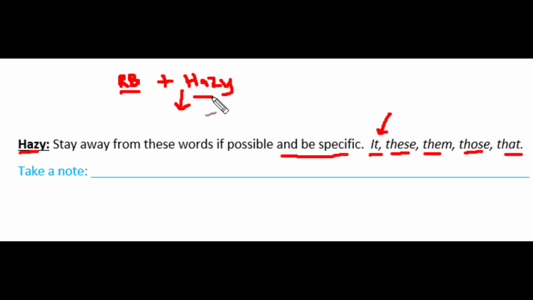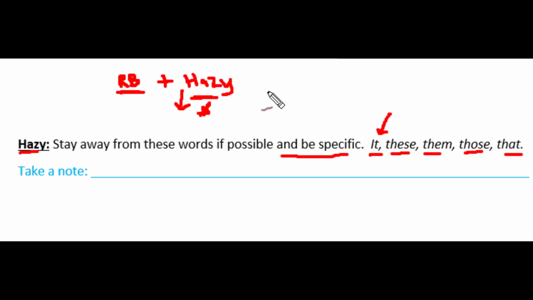So on some occasions the correct answer is actually going to be the longest answer choice because the other answer choices are hazy. Now remember, if you're fighting razor blade versus hazy, hazy pronouns are going to win. That's the more important rule. You want to go as short as possible, but just make sure that you know what you're talking about.